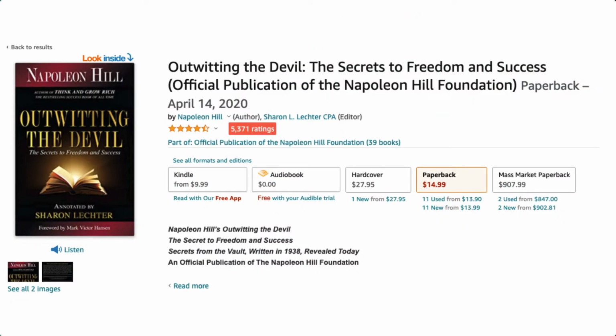And a good example of this is the book Outwitting the Devil, which was originally written by Napoleon Hill and is annotated by Sharon Lechter, who is also the co-author of Rich Dad, Poor Dad and 3 Feet from Gold. And she has annotated it in a way that it's more contemporary and more relevant to us in the modern world.